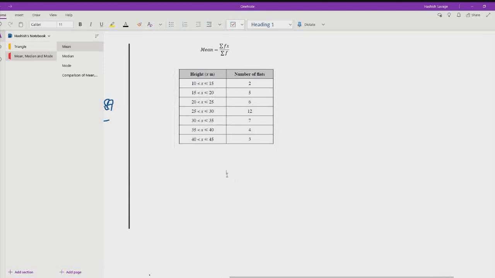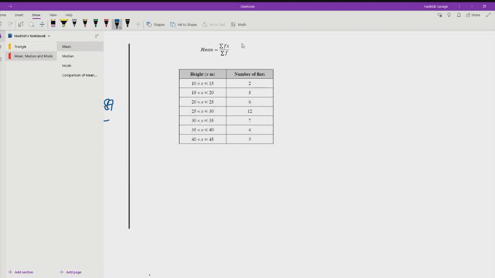Now how do we tackle these questions when asked to calculate mean? First of all, remember that there are two things in these questions. One is x, the data, and the other is frequency, how many times that term has repeated itself. For example, if the value is 15, there are two flats of height 15, so 15 has repeated itself 2 times.